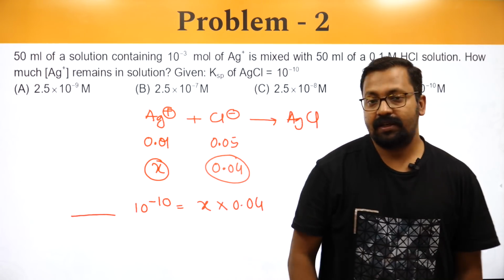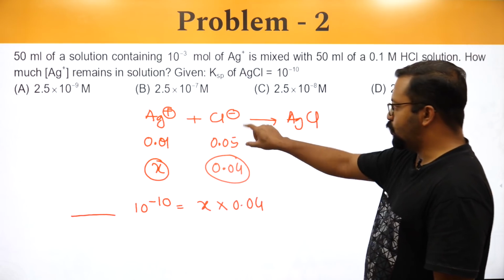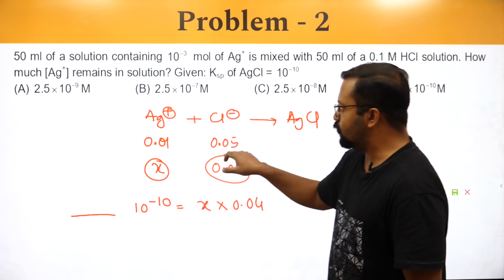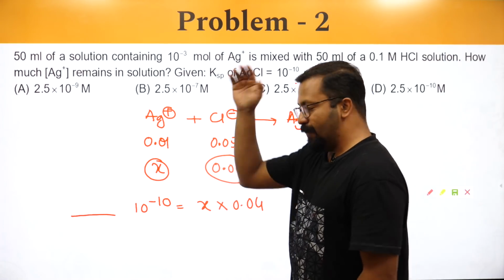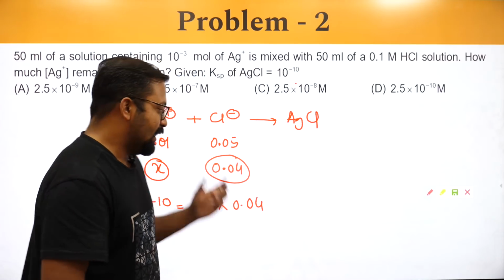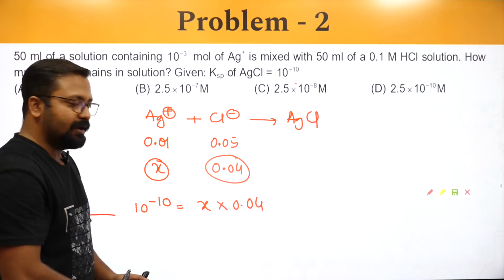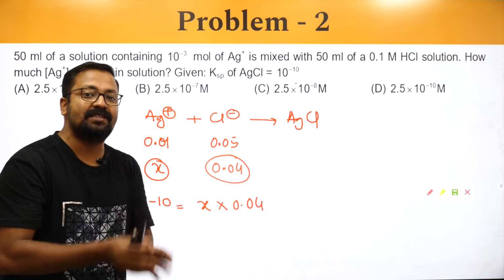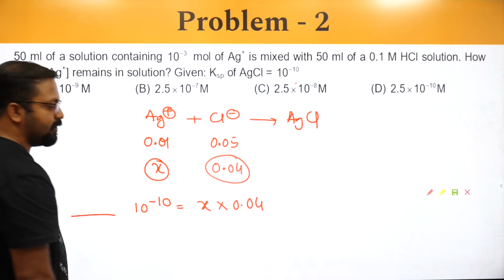Why I'm doing this is because I know for a fact that the ionic product in the solution, if I calculate the product of these two, it is obviously very large as compared to Ksp. So that means maximum precipitation will take place, and when the equilibrium will be established, the equilibrium will have this much amount of unreacted Cl minus and some X amount of unprecipitated Ag plus. The product of that should be equal to 10 raised to minus 10.